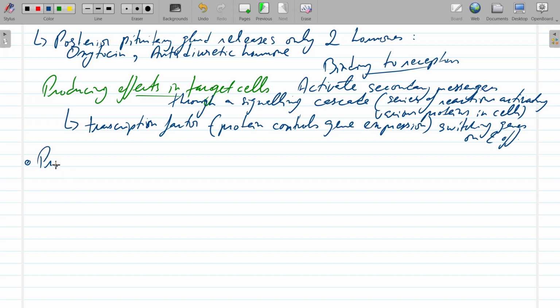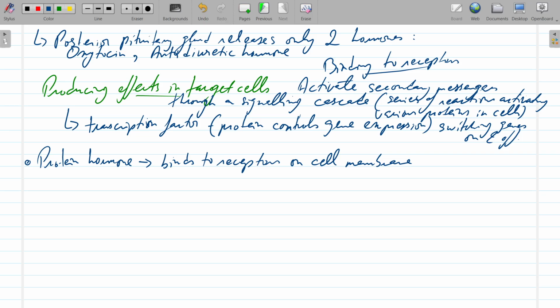So if you have a protein hormone, it binds to receptors on the cell membrane. Why the cell membrane? Why doesn't it go inside the cell?